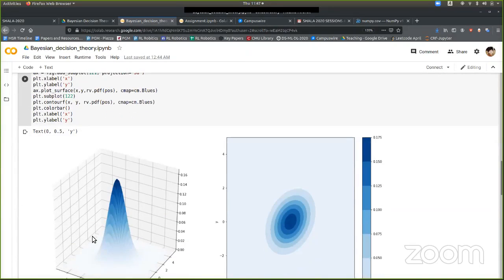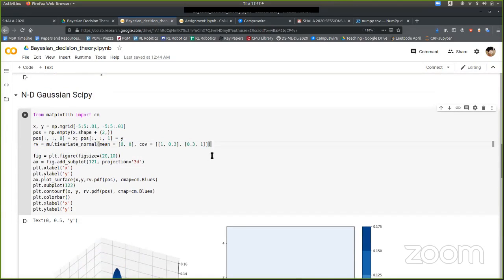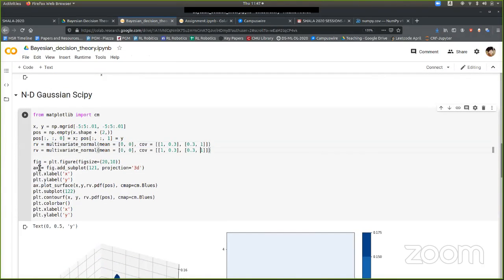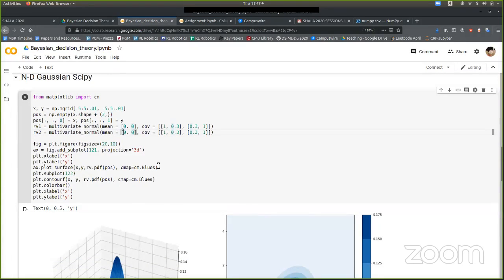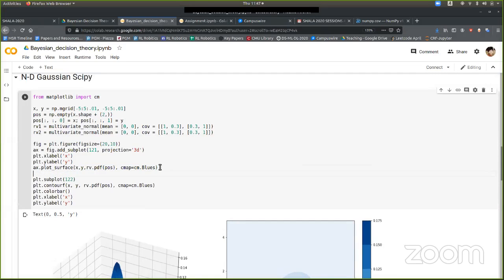Here I'm just plotting one Gaussian. What you have to do is run this twice: generate RV1 and RV2, passing in different values of mean and covariance, and then inside plot surface call this line twice, once for RV1 and once for RV2.